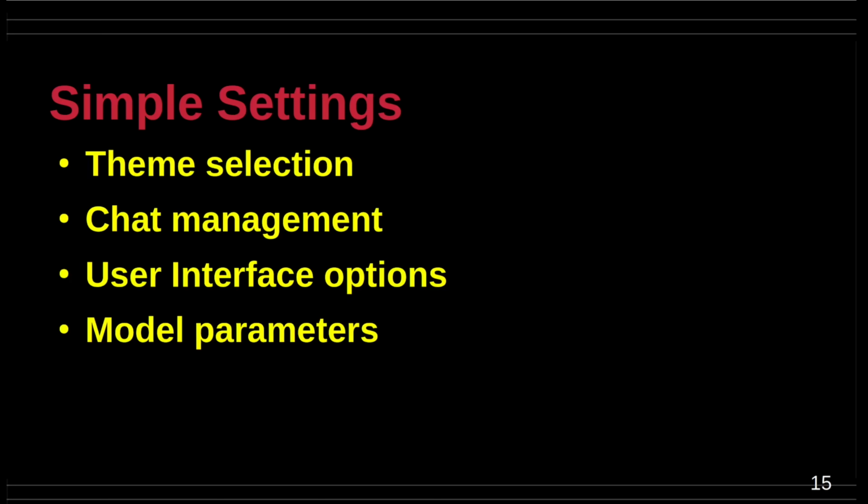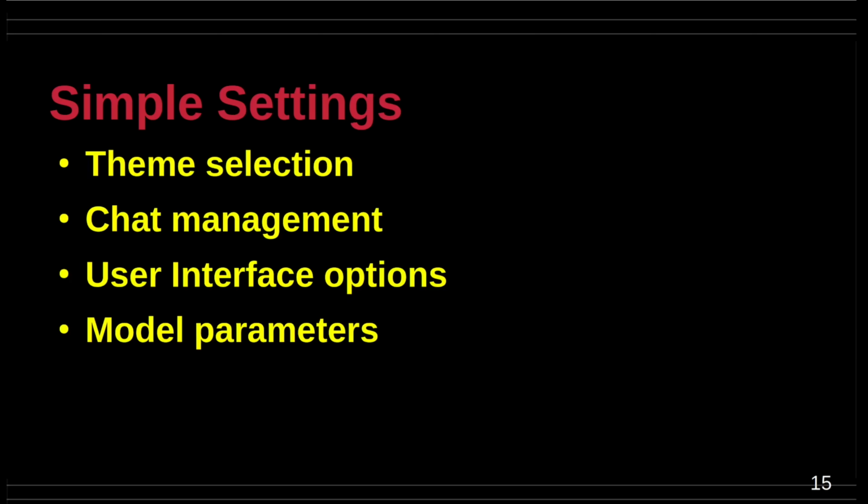You can control the current chat sessions with buttons like clear or new. The user interface options allow you to change how the user interface reacts. For example, the auto scroll checkbox controls if the chat window automatically scrolls to the newest message.